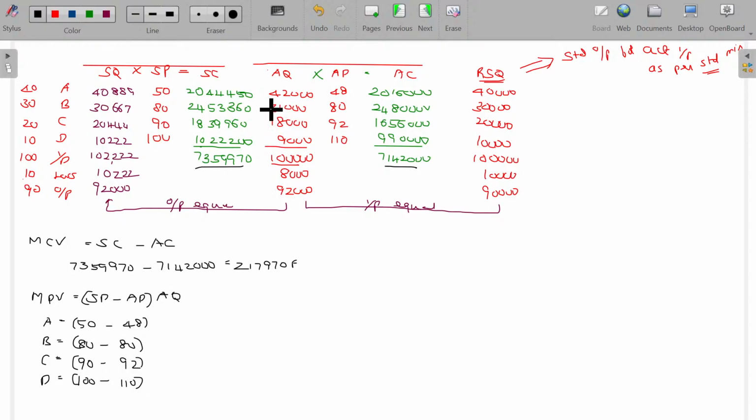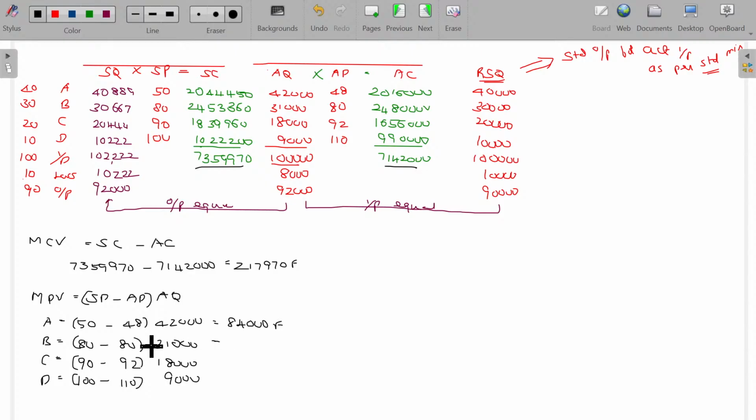Actual quantity being 42,000, 31,000, 18,000 and 9,000. 2 rupees cheaper, so 84,000 favorable.